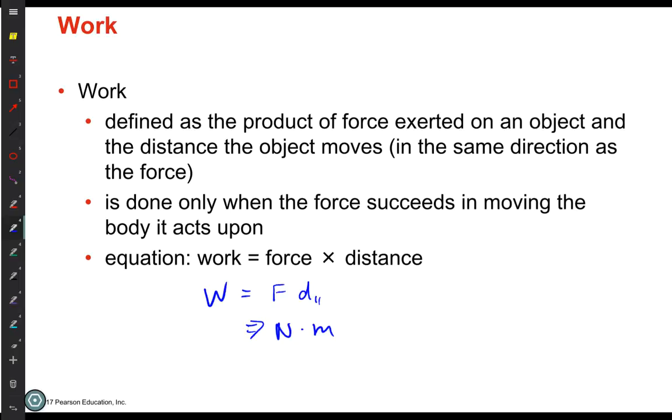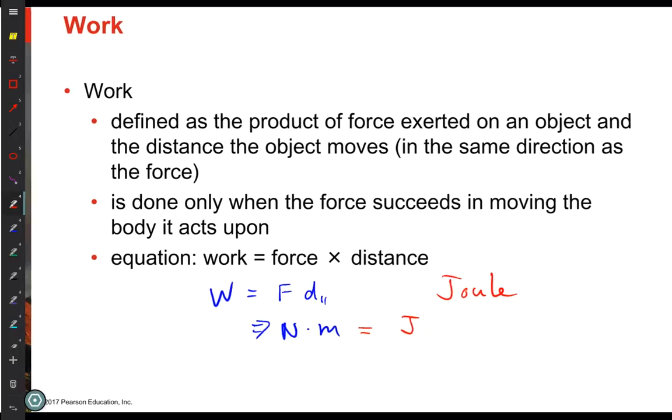But because work and energy is very dominant in physics and everything else in life, we have a new unit that we define, the joule. That's spelled Joule. It's a person's last name. The joule is the unit of work. So a joule just means a newton times a meter. Of course, a newton means a kilogram times a meter per second squared.